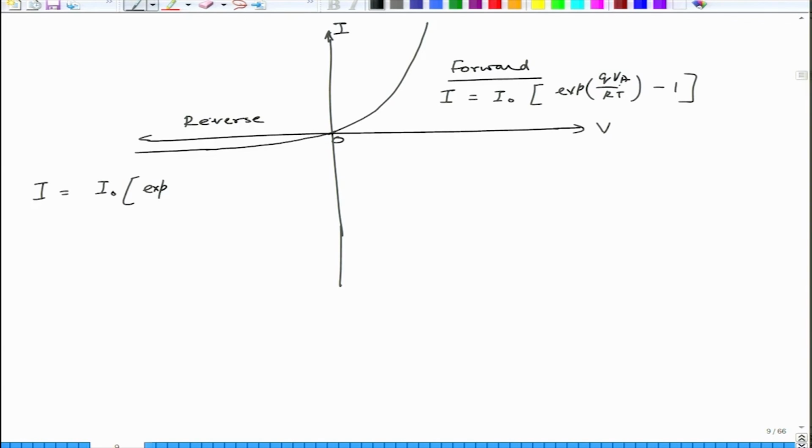So you can see that this will be positive in this region and negative in this region, since VA is negative in the reverse region and positive in the forward region. We will continue this in the next lecture to work out the electrical characteristics of the PN junction. Thank you.